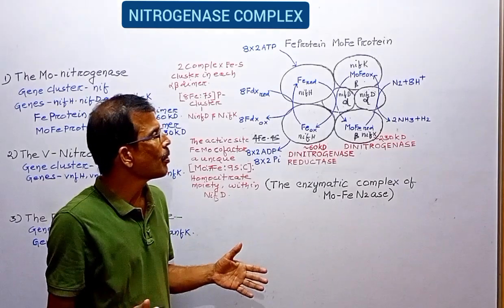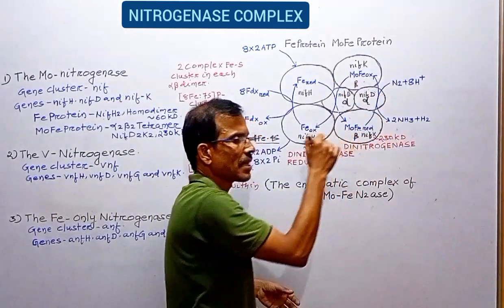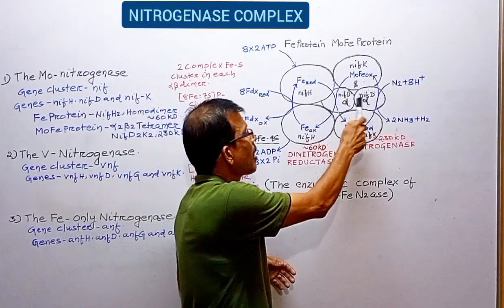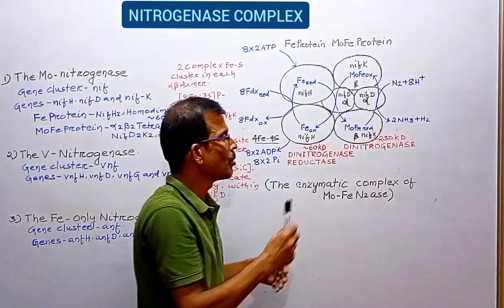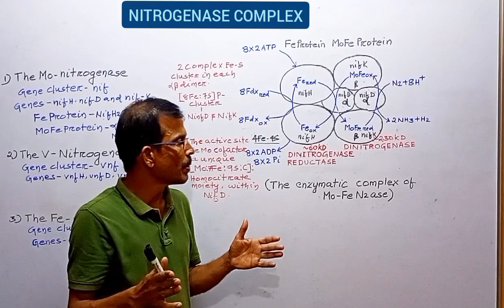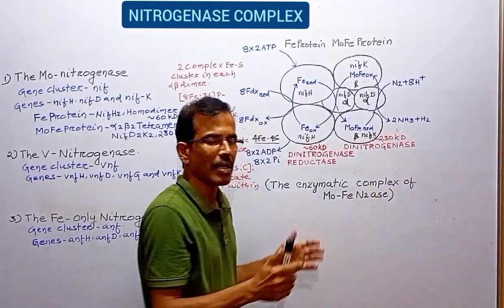The other component is the MoFe protein, which is a tetramer consisting of 2 alpha and 2 beta subunits. The total molecular weight of the MoFe protein is about 230 kilodalton.